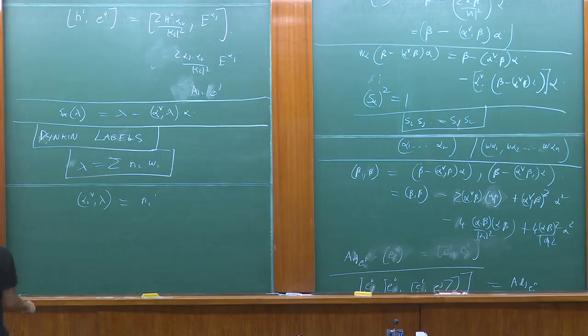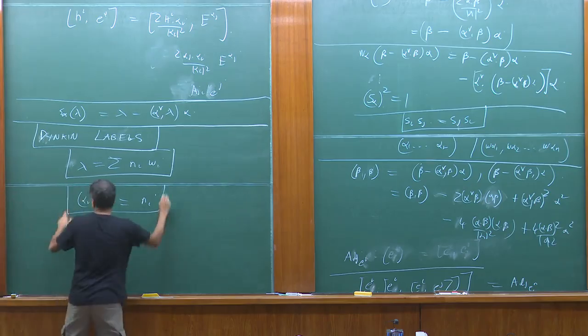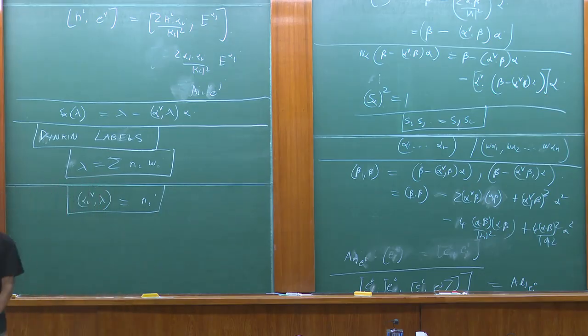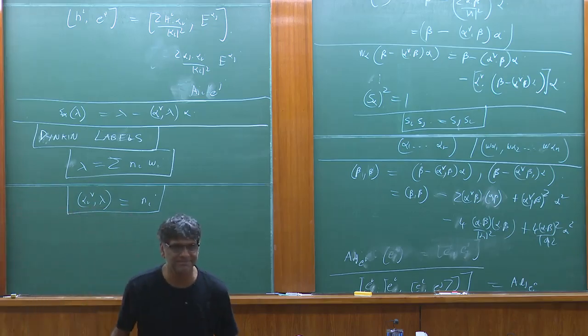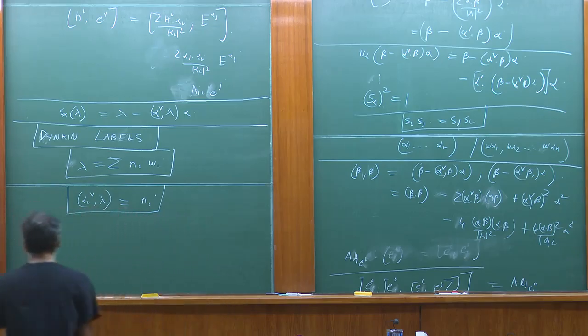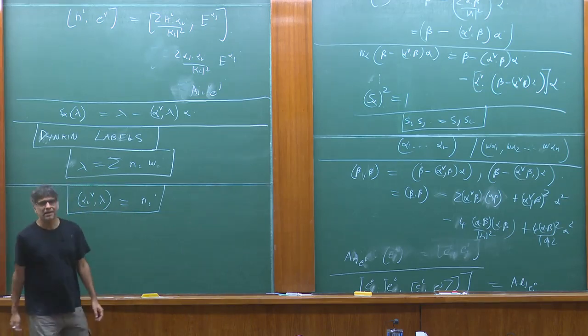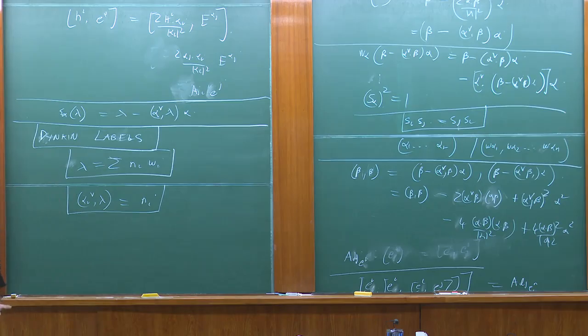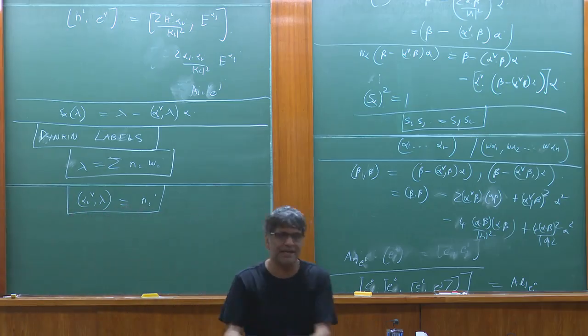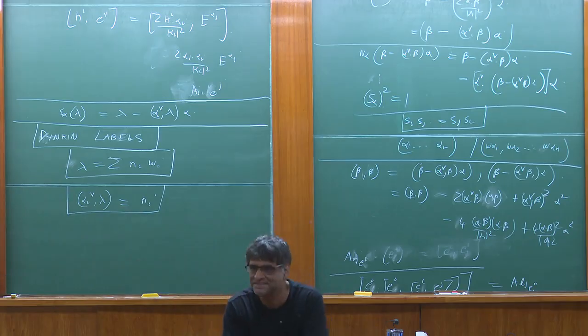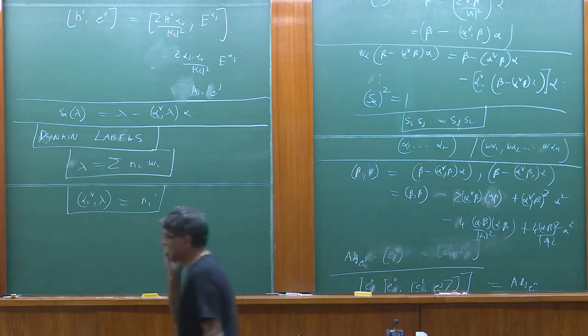So this gives you a formula for the Dynkin labels associated with any weight. You can talk about the Dynkin labels just of a weight, though we will often be most interested in the Dynkin labels of a highest weight. But that's up to you.